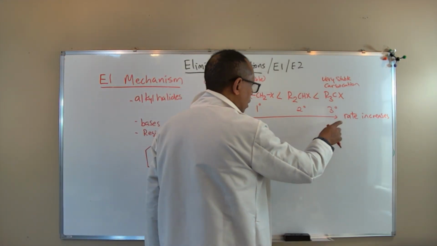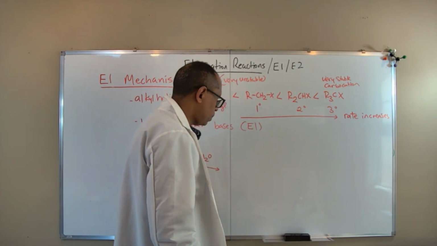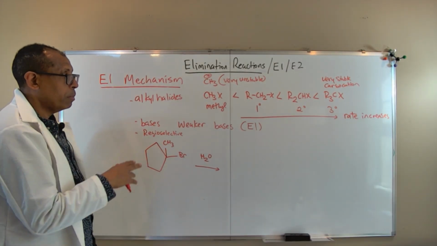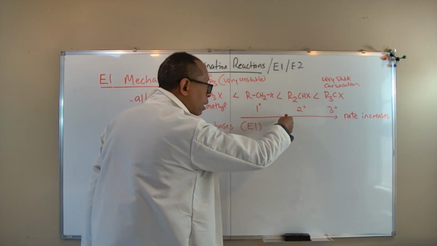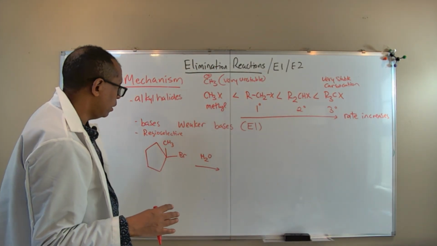So the rate increases as we go from primary to tertiary. That is very important. So for the E1 mechanism, you always need either a secondary or a tertiary alkyl halide.